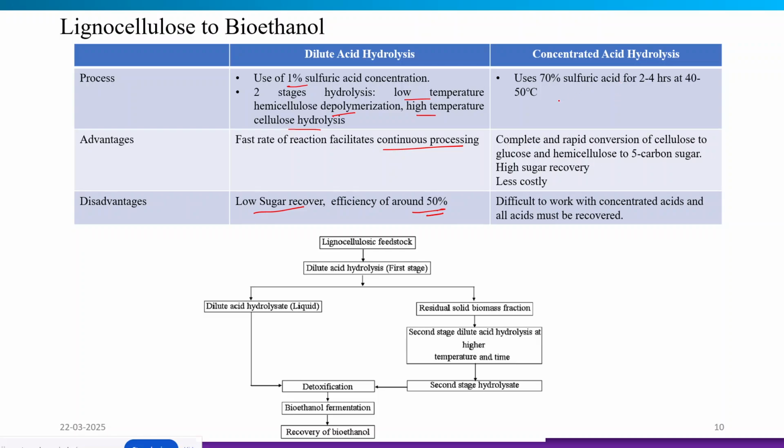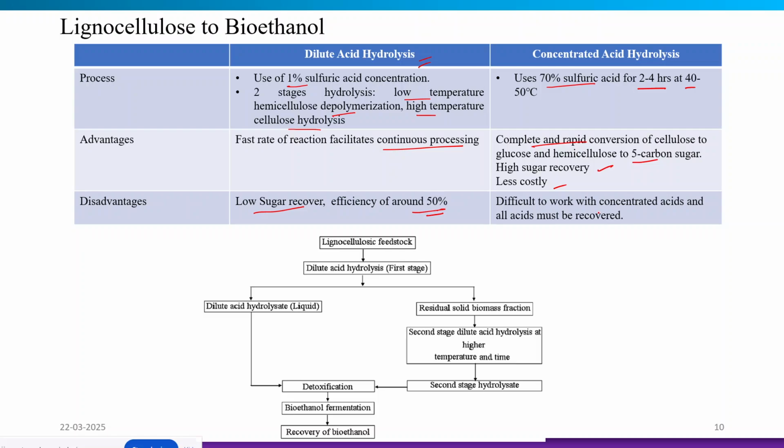Whereas concentrated acid uses 75% sulfuric acid with comparatively longer residence time than the dilute acid hydrolysis, and comparatively harsh conditions like 40 to 50 degrees Celsius, but there is complete and rapid conversion of the cellulose to glucose and hemicellulose to C5 sugars, and it also contributes to higher sugar recovery and a less costly process.